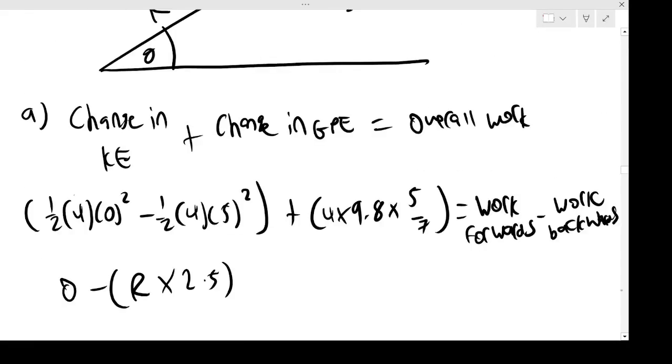Okay, and so that's going to equal, if I now just put all that in the calculator, half of 4, so that'd be 0, take away a half of 4, lots of 5 squared, plus 4 times 9.8 times 5/7.